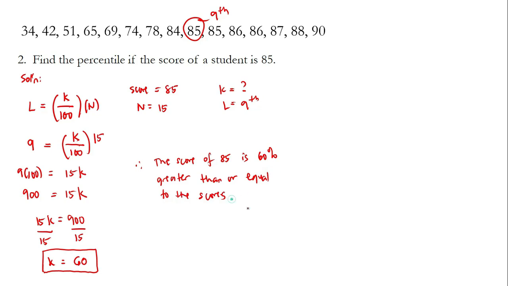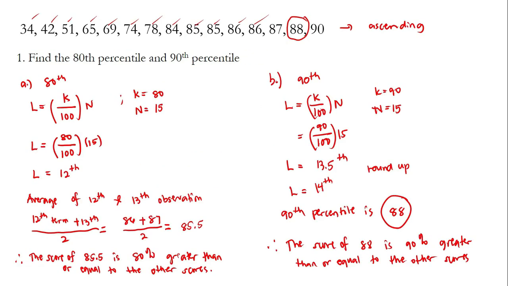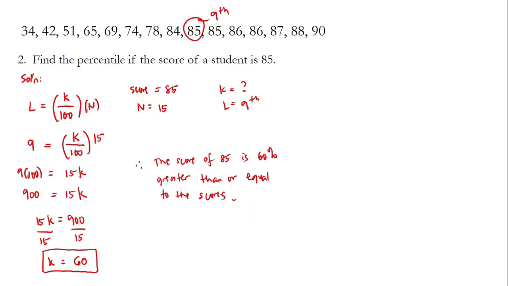Okay, so that's it. So let us have another example. Like, say for example, we have 87. Let's check if we have 87. Okay, we don't have 87. So, let us have 87. Our score is 87.